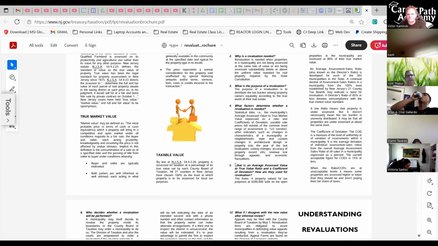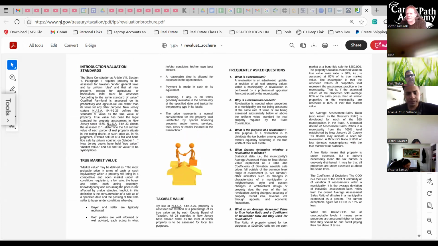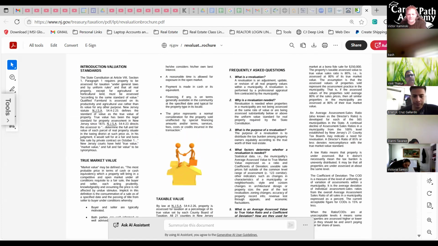And that's it. It doesn't tell you about the actual how to do a tax appeal. I'll have another link for you for that. But here, let me take this link and I'll put it in our Word document. What did they call it? Understanding how revaluations work, or something like that.